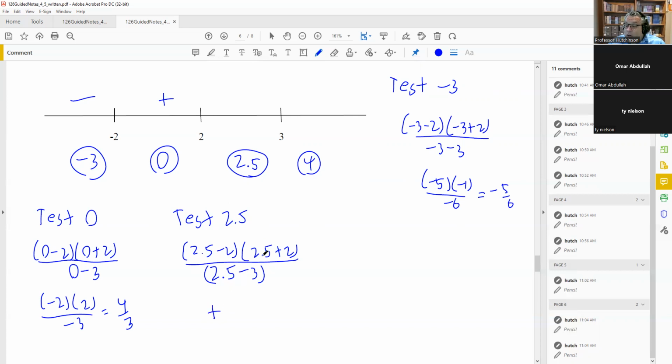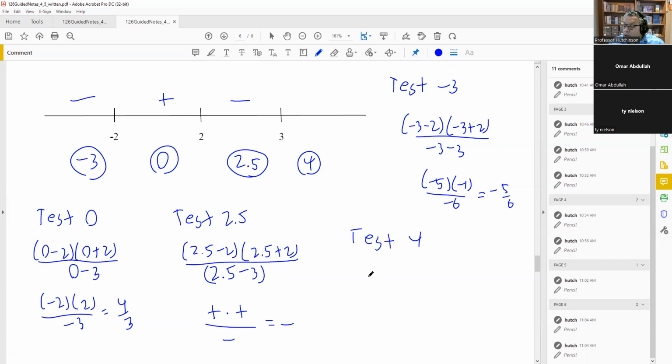I get a plus there, a plus there on top, multiplying together, and on the bottom I get a negative result. So that's going to give me a minus sign as a result. Plus times plus is plus, divided by negative is a minus. So you don't have to write this whole thing out and get the exact number answer on these. We're just concerned about the signs.